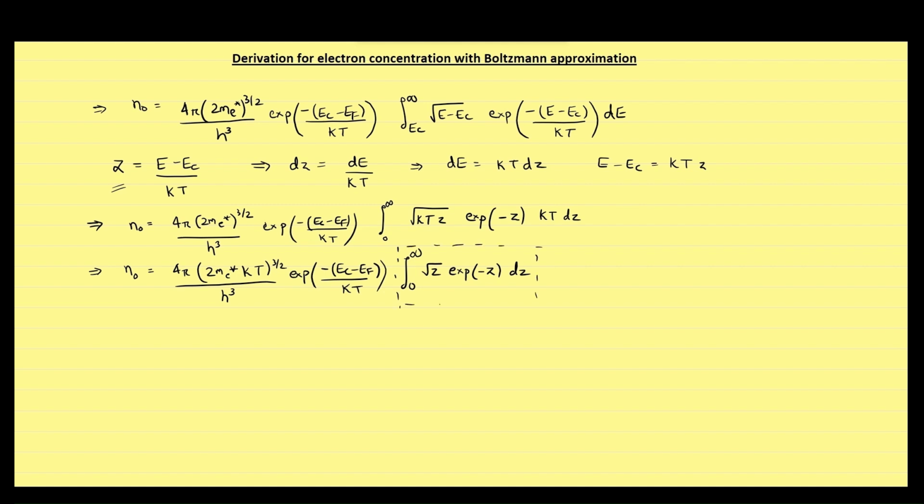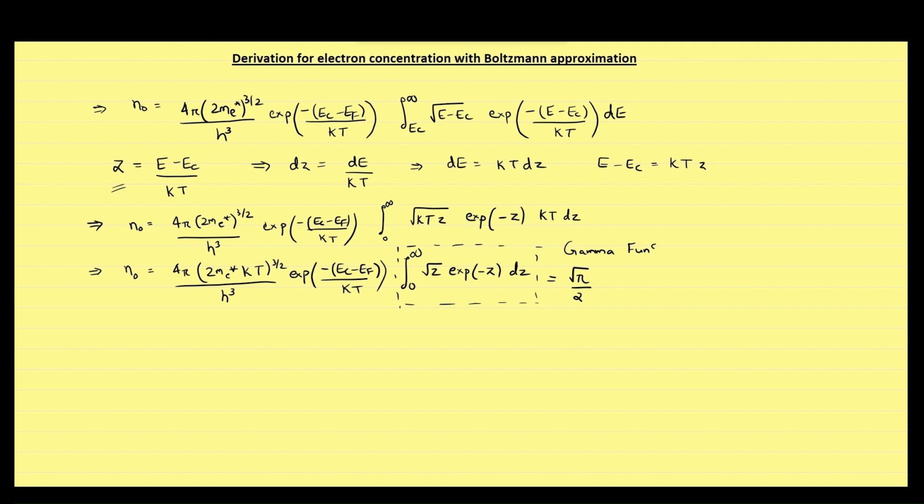This particular function is nothing but the gamma function. I will not go into much detail because you will study it in engineering mathematics. For now, just remember that the value of this expression is equal to square root of π divided by 2.